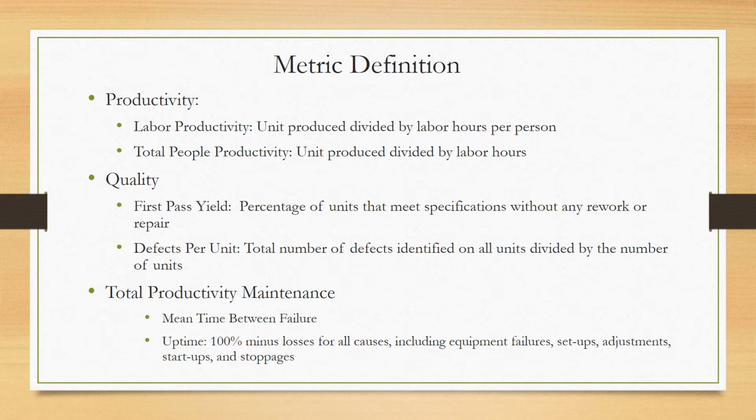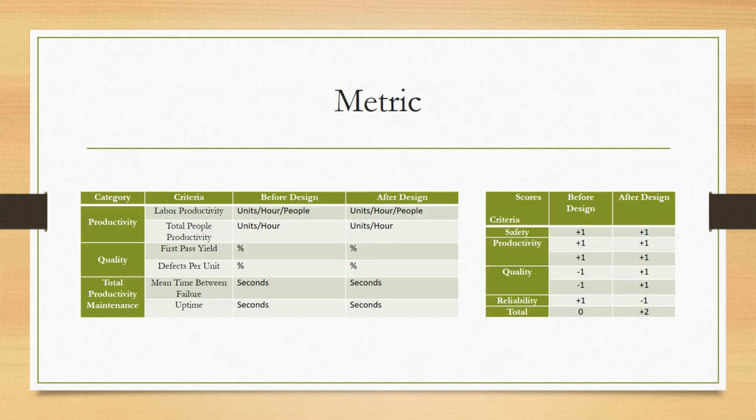For productivity, Lean Six Sigma introduced labor productivity and total people productivity, which is units produced divided by labor hours. For quality, we look into first pass yield, which is the percentage of units that meet requirements, and defects, which means the ones that didn't work. And for reliability, there are mean time between failure and machine uptime.